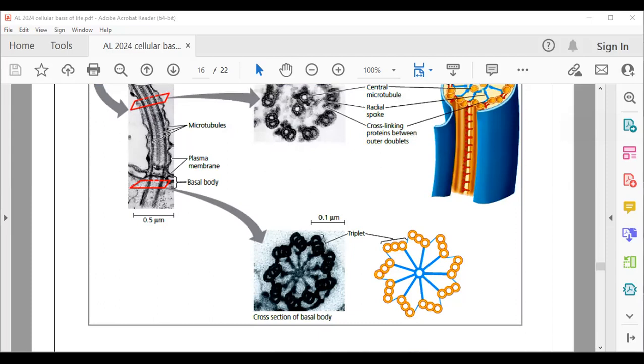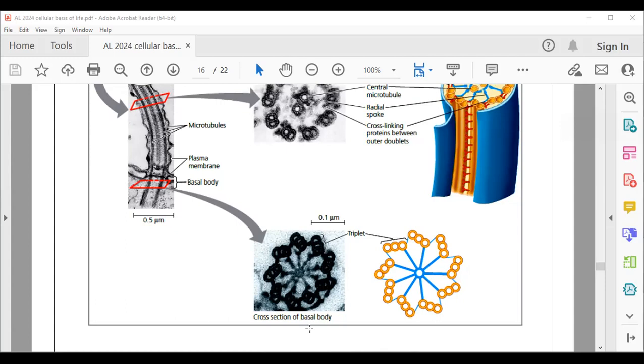But flagella will be few, maybe 1, 2, 3, 4, 5, or 6. You cannot expect thousands of cilia or flagella.